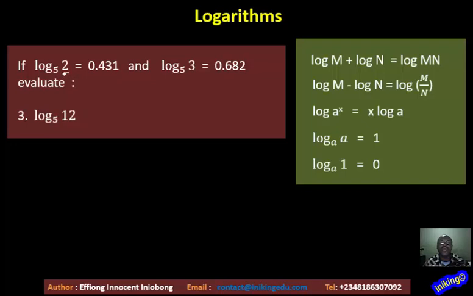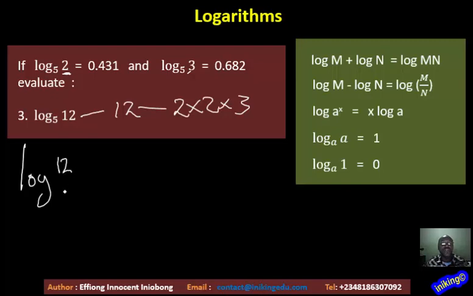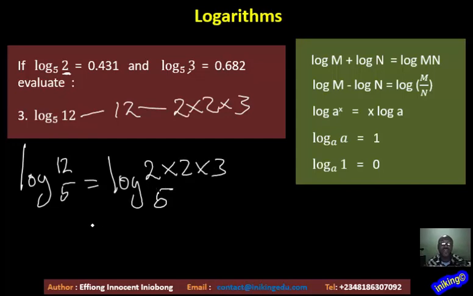Since we have been given log 2 base 5 and log 3 base 5, then we must find a way to write our 12 in 2s and 3. And looking at 12, I see 12 as 2 times 2 times 3, which means I can write my log 12 base 5 as the logarithm of what? 2 by 2 by 3 to base 5.